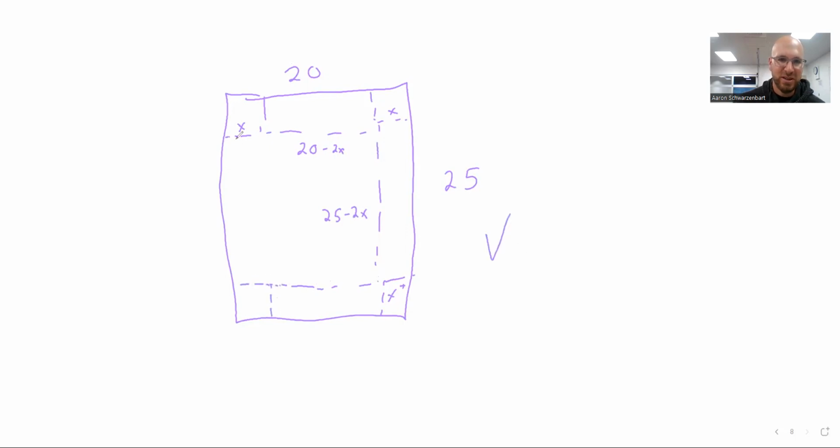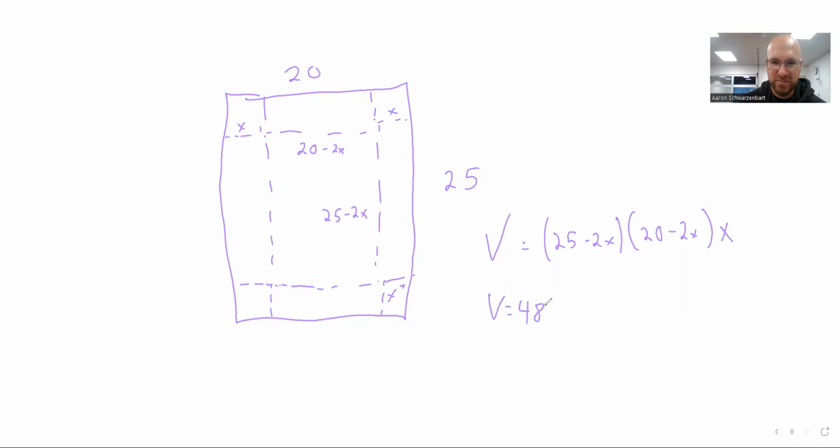Thus, my volume equation is length times width, 20 minus 2x, times height, x. So 25 minus 2x times 20 minus 2x times x. Okay. I want to know when it equals 484.